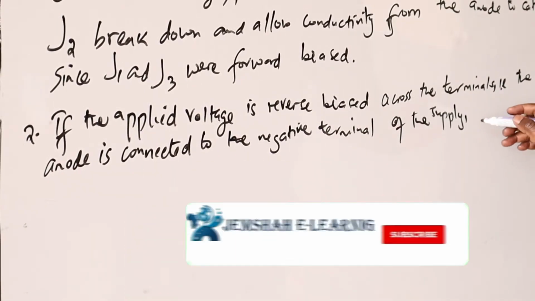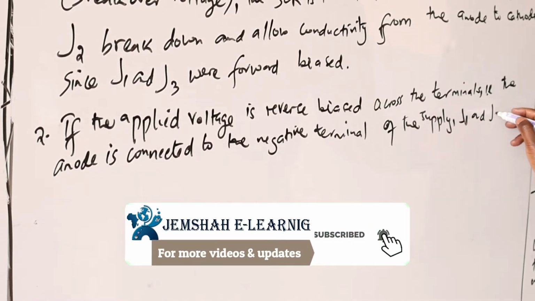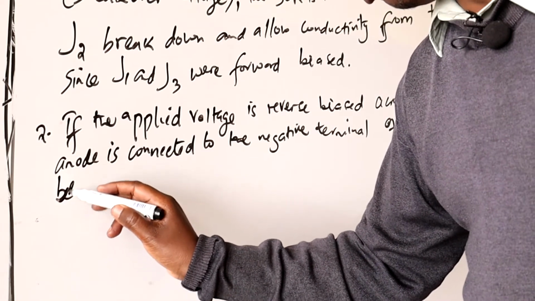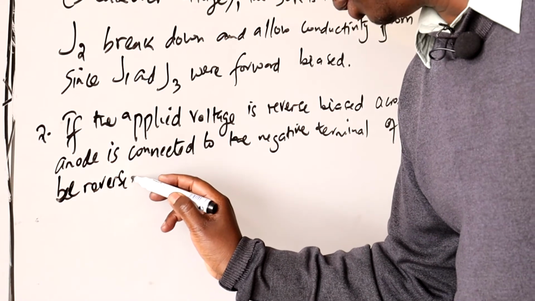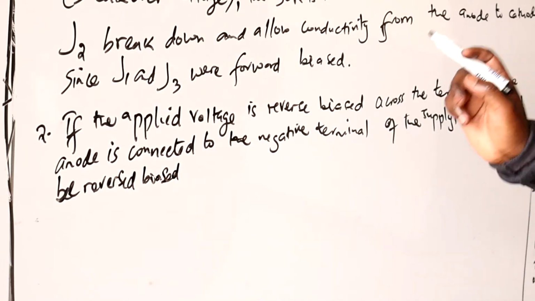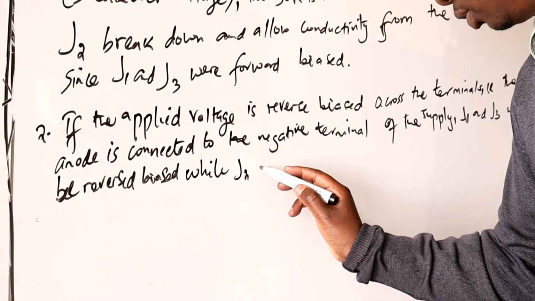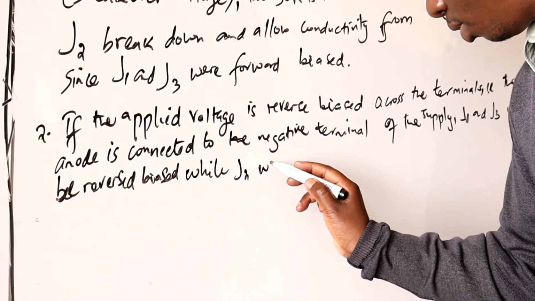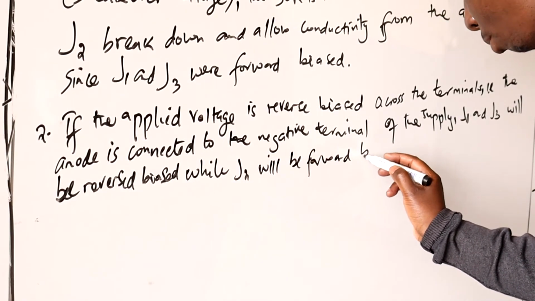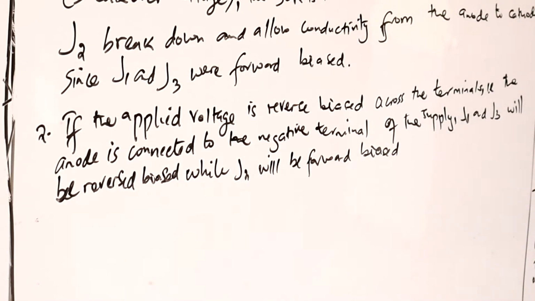J1 and J3 will be reverse biased, while J2 will be forward biased.